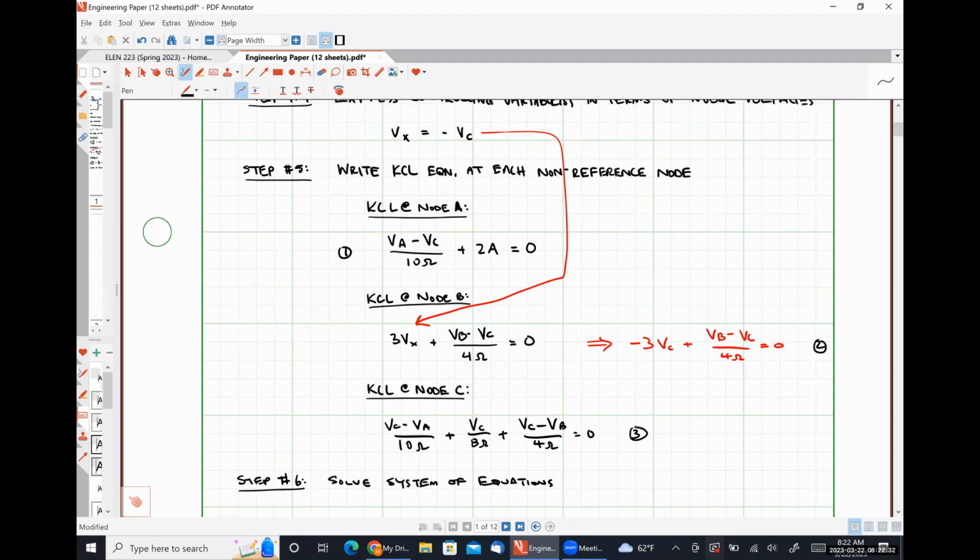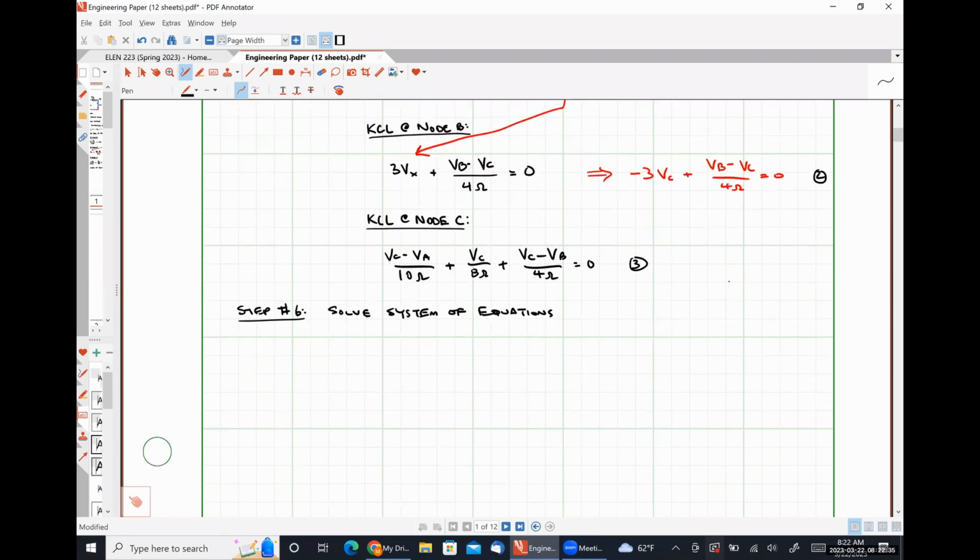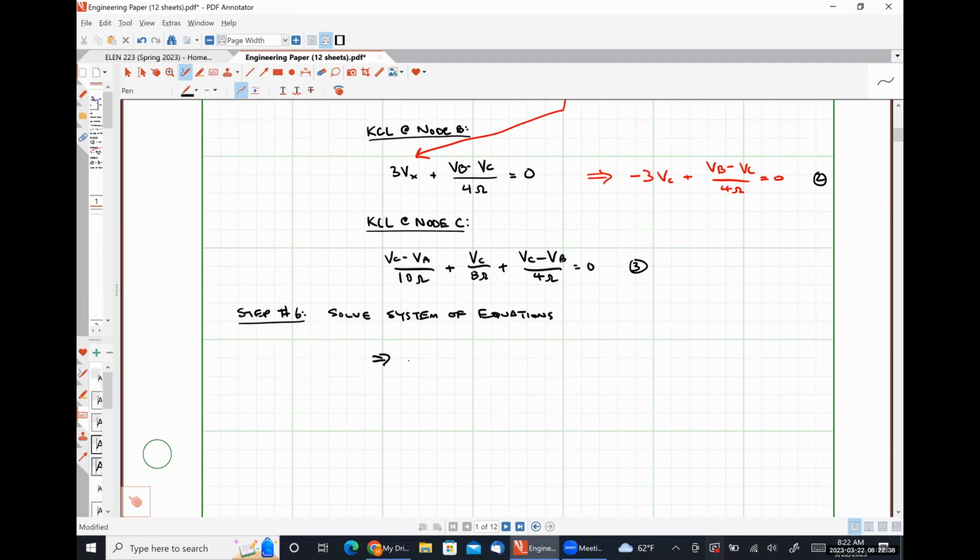Solving this system, assuming I put everything into my calculator correctly, I got VA to be negative 444 over 23 volts, VB to be 208 over 23 volts, and VC to be 16 over 23 volts.